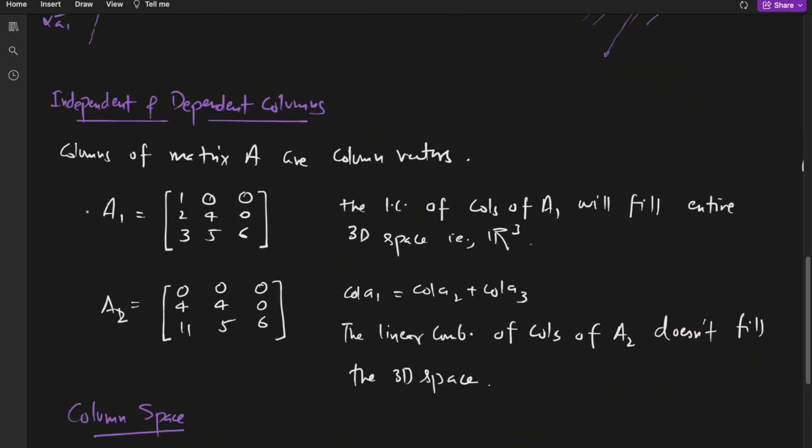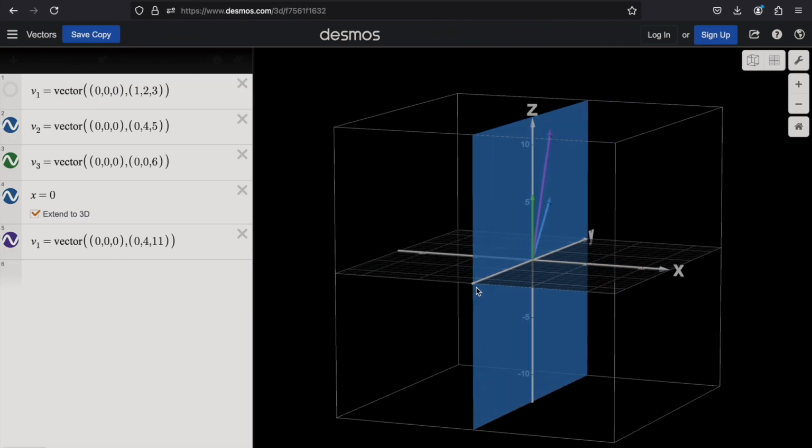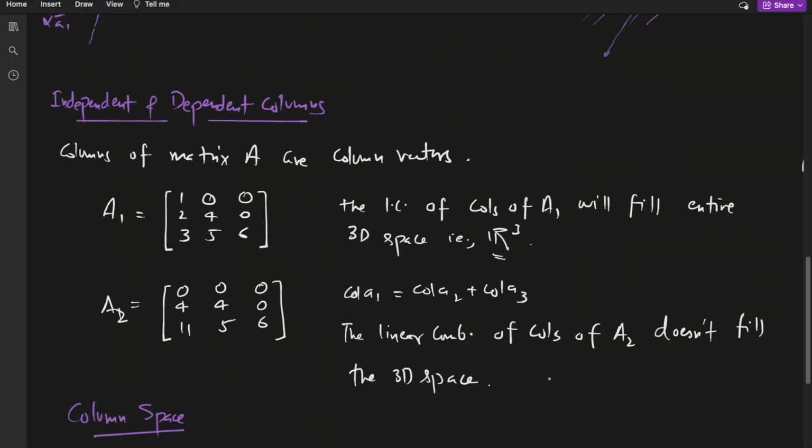Now in the case of A1, all the linear combinations of columns of A is nothing but R cube. So the column space of A1 is R cube, the entire 3D space. Whereas the linear combination of columns of A2 is not R cube, because it is not filling the 3D space, but it is this YZ plane. So this YZ plane is the column space of A2.